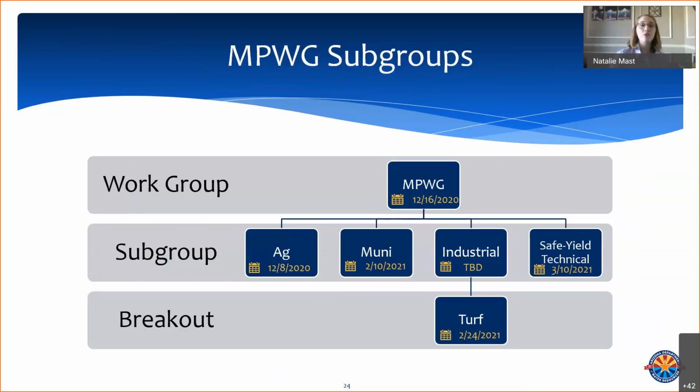We're really hoping to wrap up a lot of these subgroup meetings around the first quarter of next year. So we'll talk a lot about how we're going to be adjusting things and changing things in response to a lot of the feedback that we've gotten, and what our timeline is for the drafting and adoption of the 5th management plans.